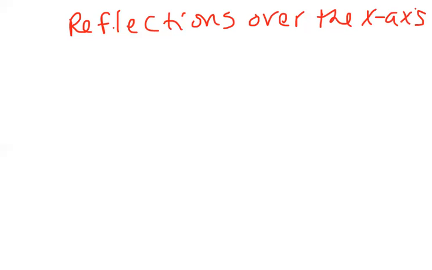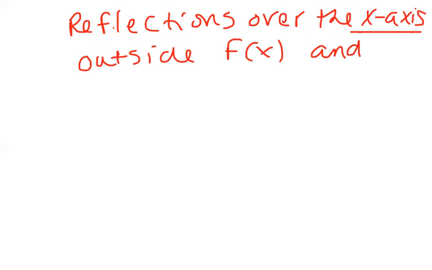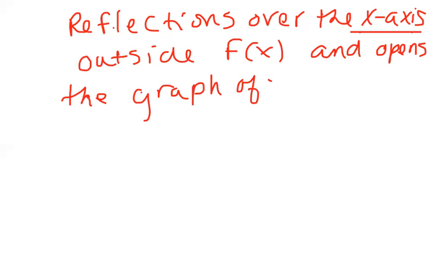By the way, guys, when we do the reflection over the x-axis, that's the first one, it occurs outside f of x and opens the graph of f of x downwards.